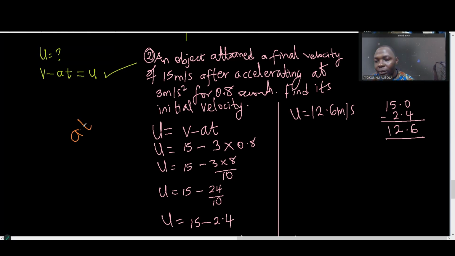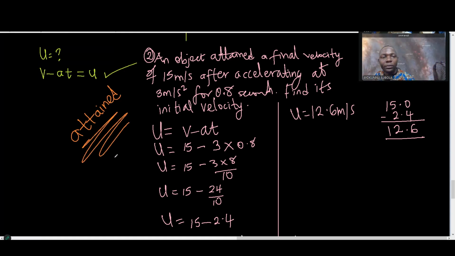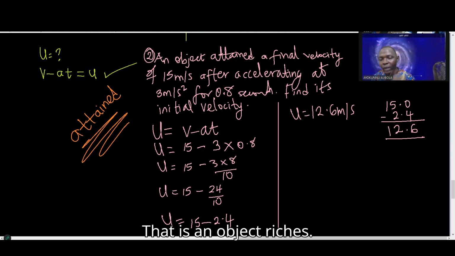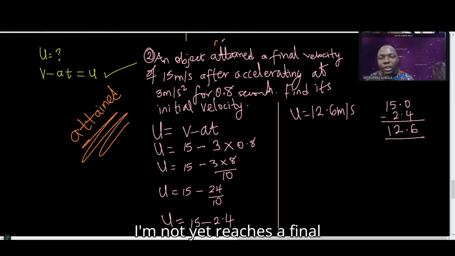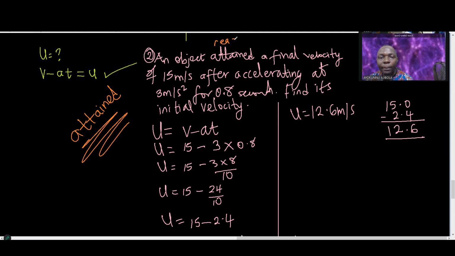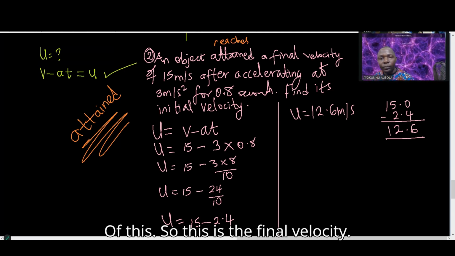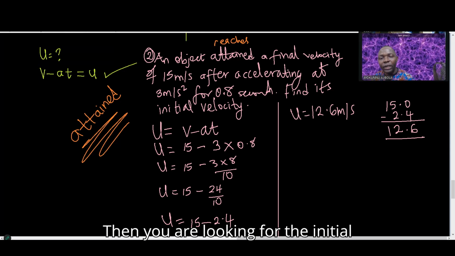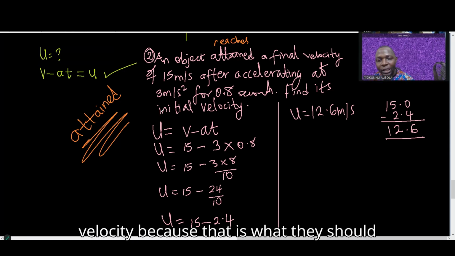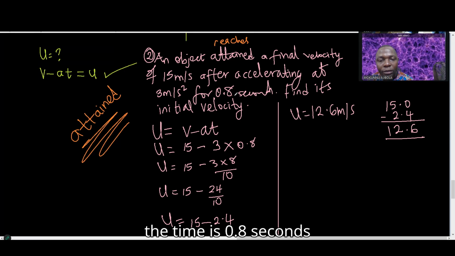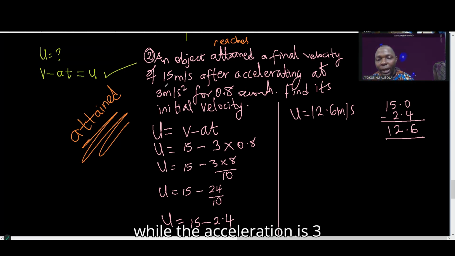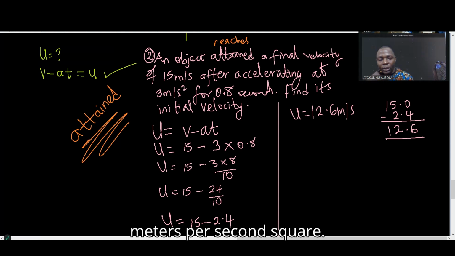Attained. That is, an object reaches a final velocity of this. So this is the final velocity. Then you are looking for the initial velocity because that is what they say you should find there. Then the time is 0.8 seconds, while the acceleration is 3 meters per second square.